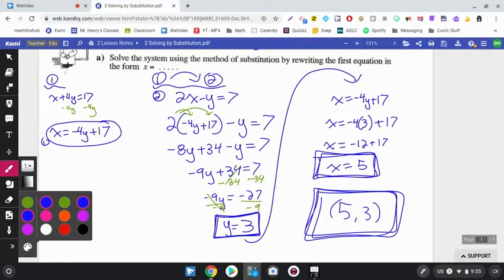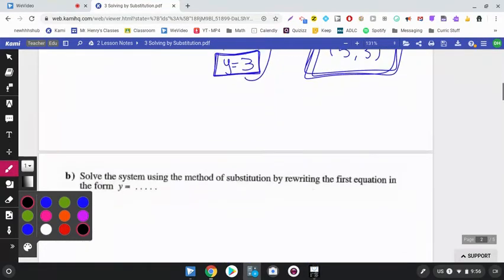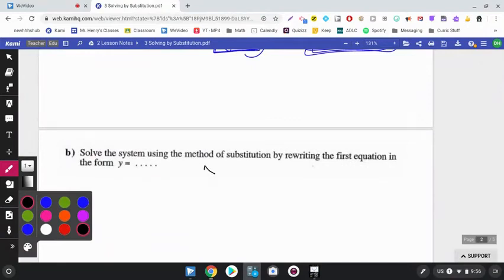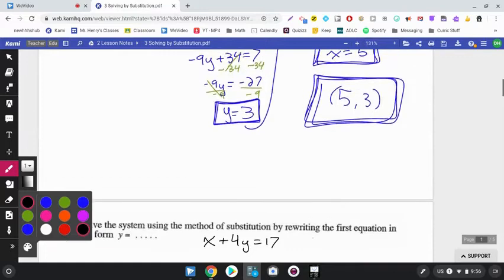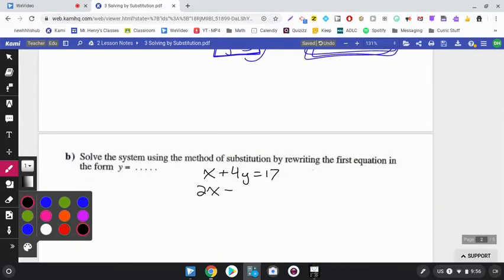Okay, that is substitution. All right, we're going to jump to the next page, and we're going to do the same exact thing, but we are going to rearrange the other equation. Okay, so I'm just going to write them out again. x plus 4y equals 17, and 2x minus y equals 7.